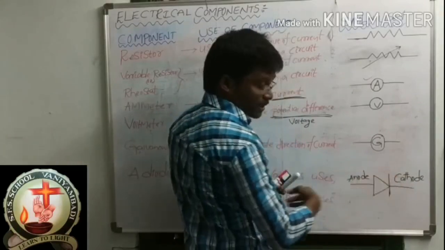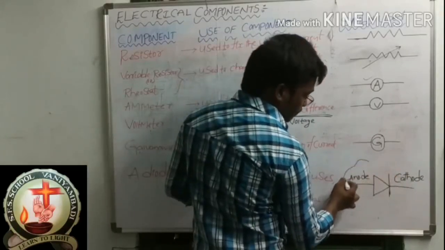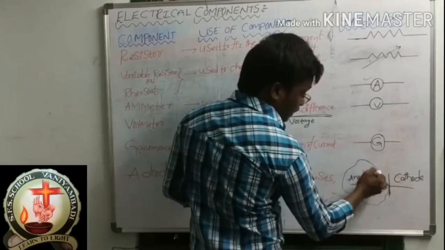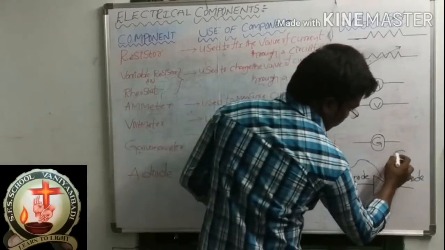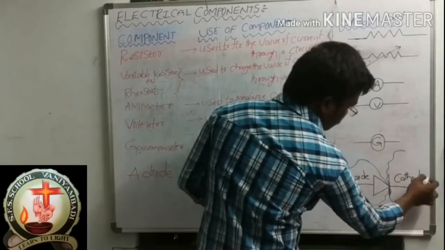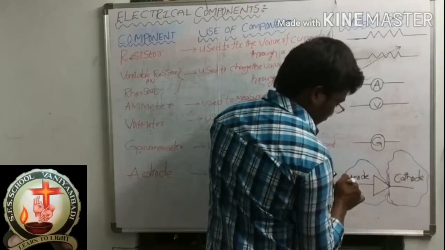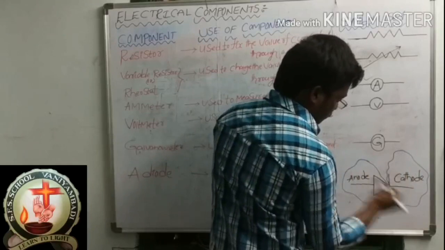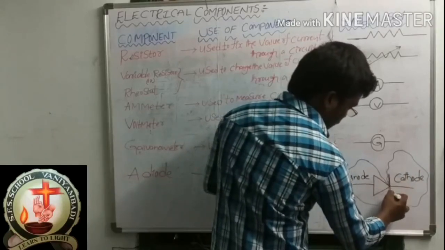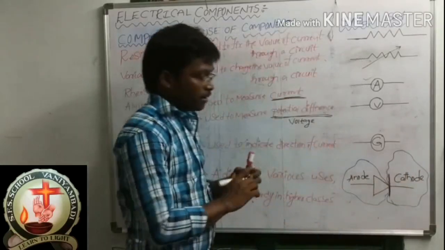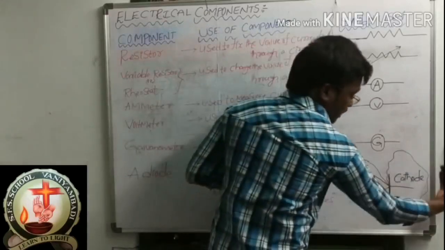This is the total symbol. This is the anode. This is the cathode.